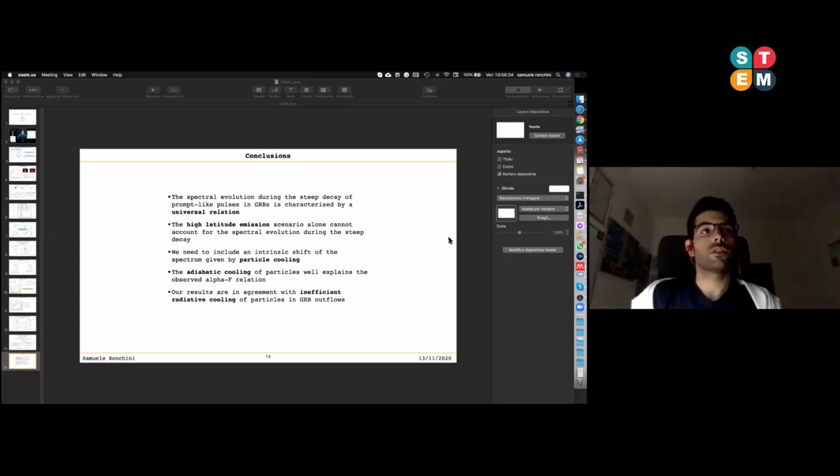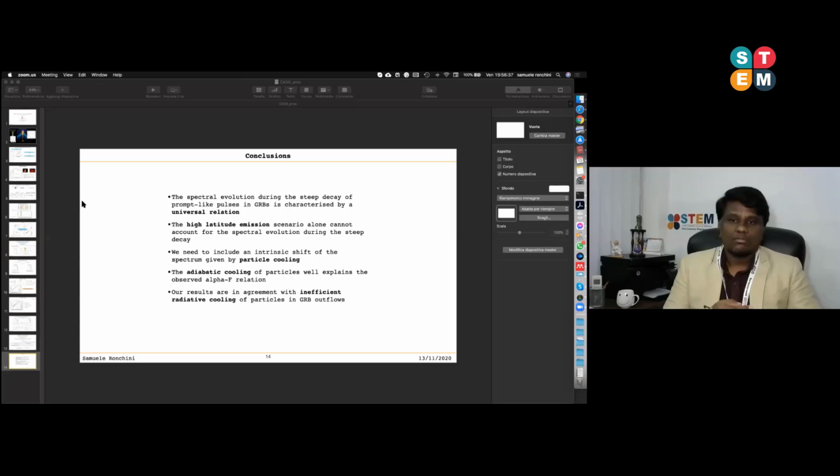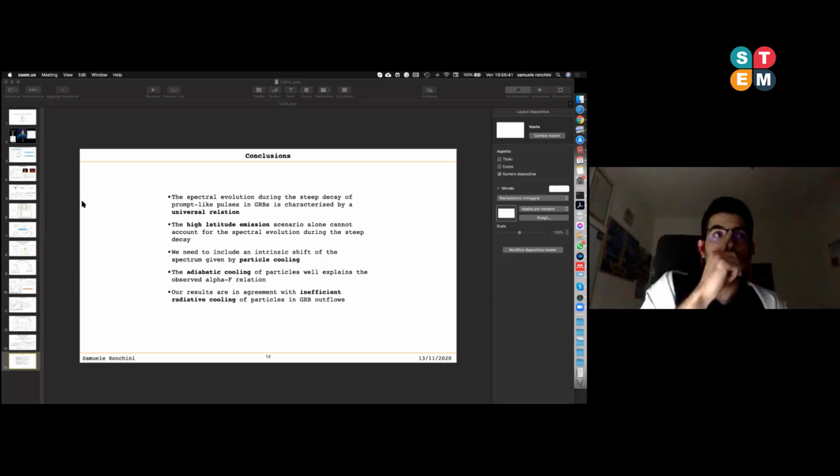I think it's not influencing a lot, especially because maybe there is a reason in the observations: these are very bright GRBs. The reason is that in order to make a time-resolved spectral analysis, we need a lot of counts, so the GRBs must be very bright. If they are very bright, it's very likely that they are very on axis.